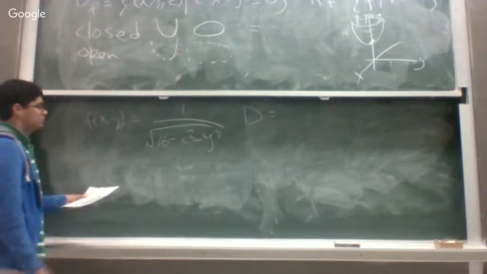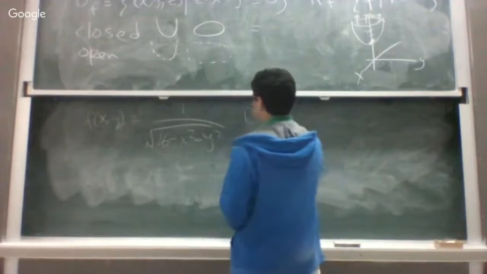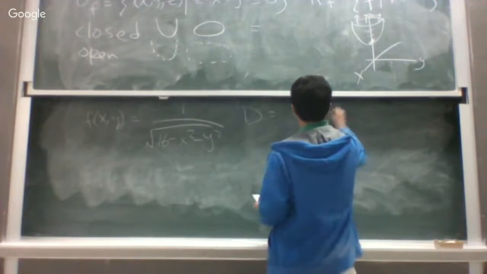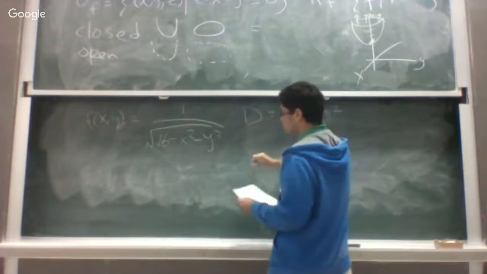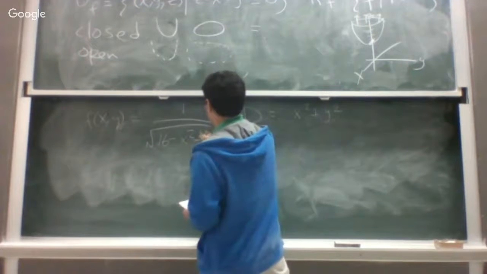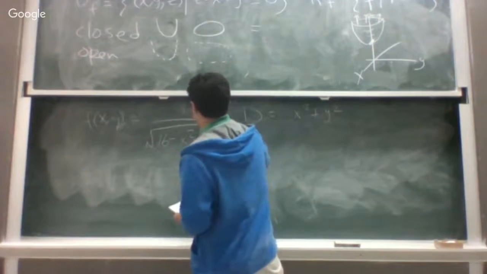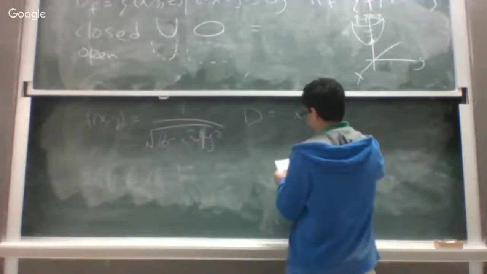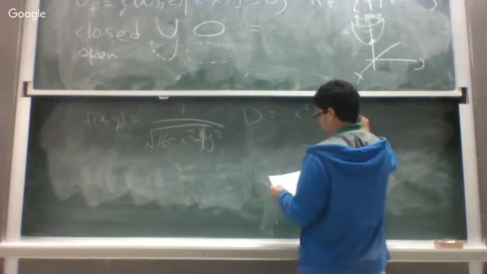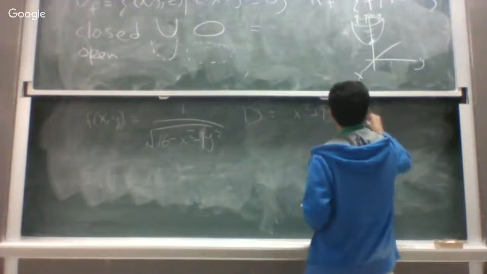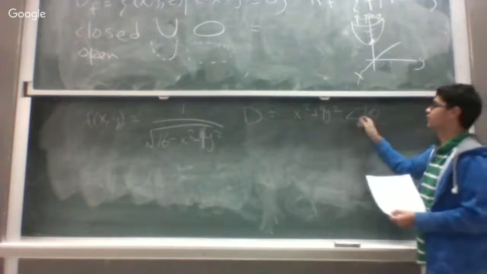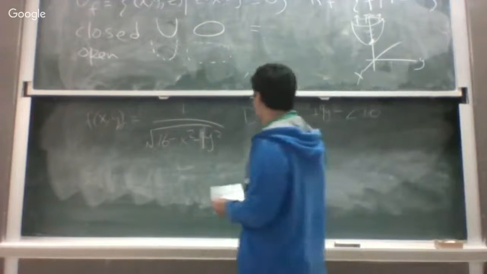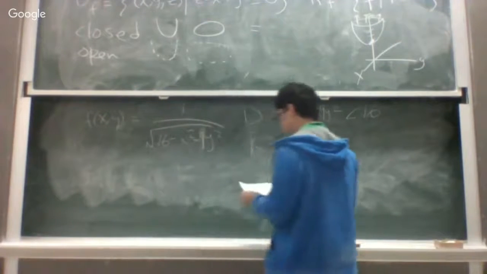No. Or we can say x squared plus 9y squared, and I'll show you guys why. x squared plus 9y squared has to be less than 16, because if these numbers are greater than 16, you'll have a negative square root. So the range will be what?